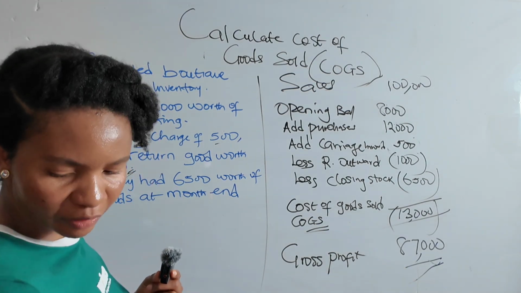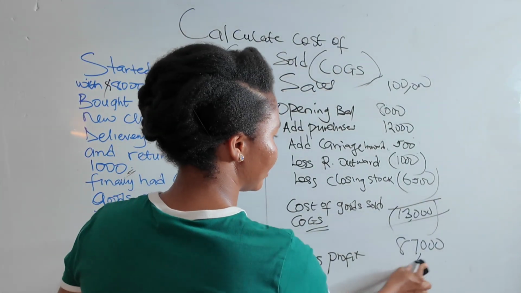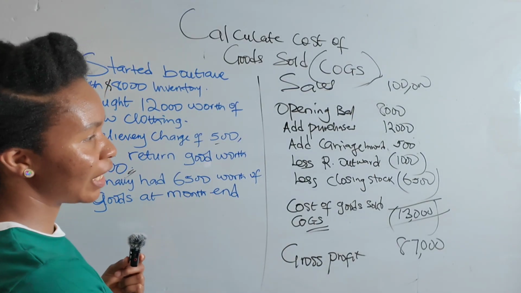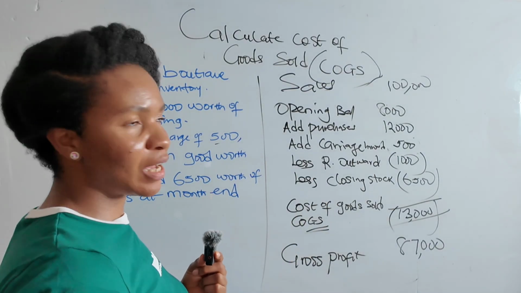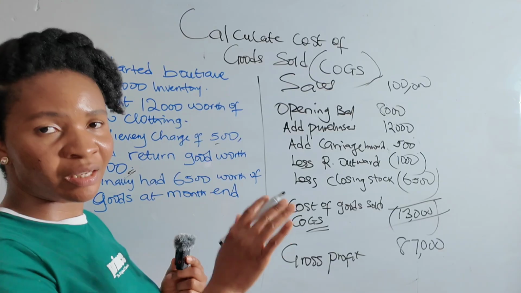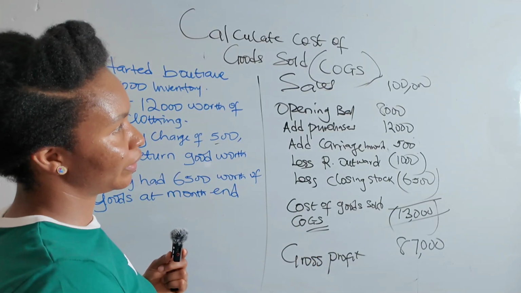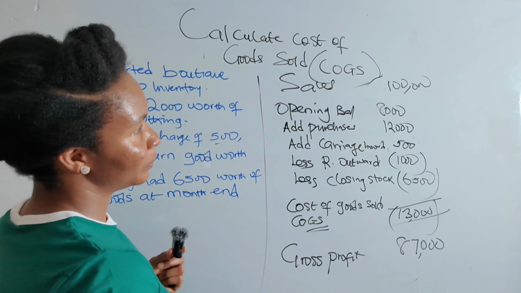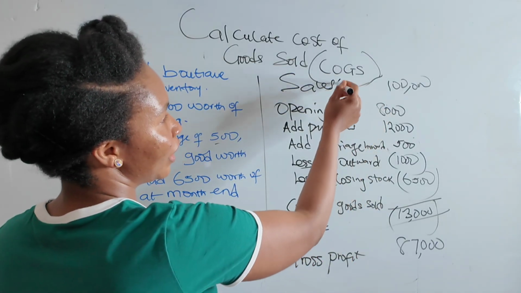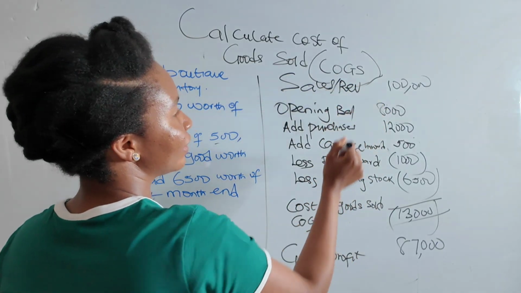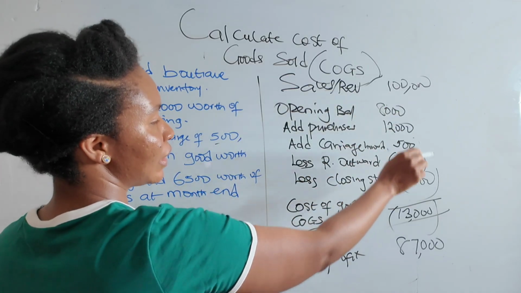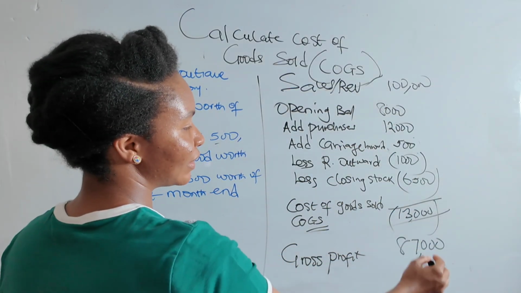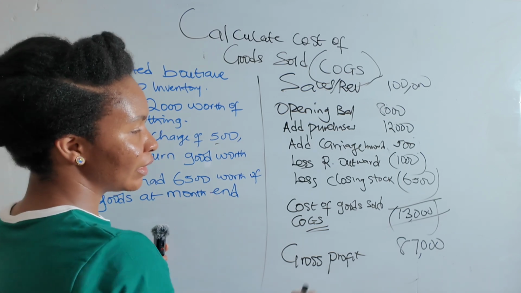Once you get your gross profit, it's not part of what we're doing today, but I just wanted to give you more insight on how profit and loss statements are calculated, especially in the manufacturing or retail industry. So sales, or you can call it revenue as well, less 13,000, which is the cost of goods sold, will give us 87,000, which is the gross profit.